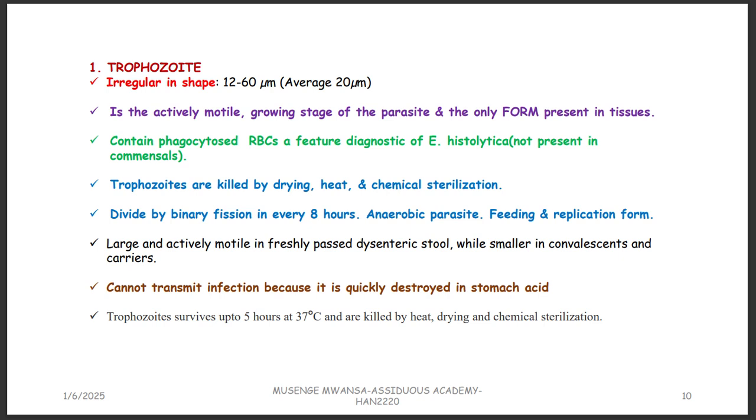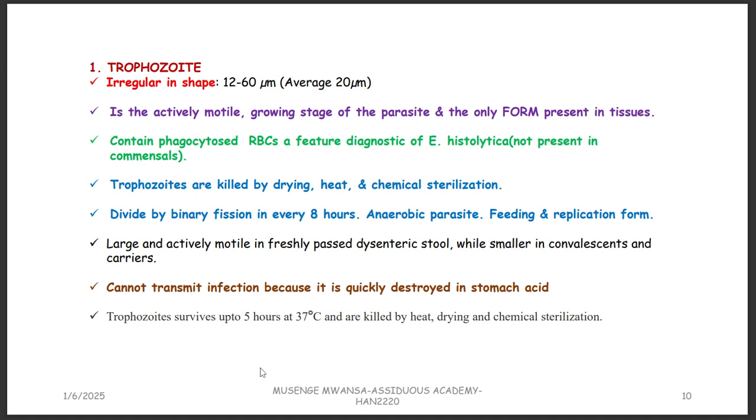Because the stool contained trophozoites, even when you ingest them, they cannot cause infection to you. Why? Because once the trophozoite reaches the stomach where you have got acid, it is going to be destroyed by acid. That is important to know. That's why the trophozoite form is not the form that can transmit infection.